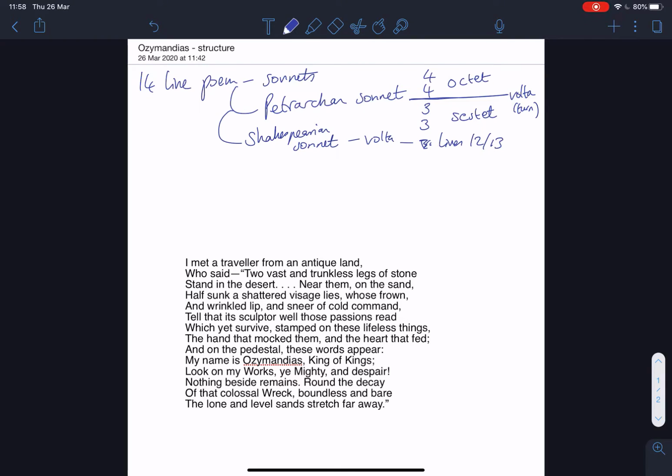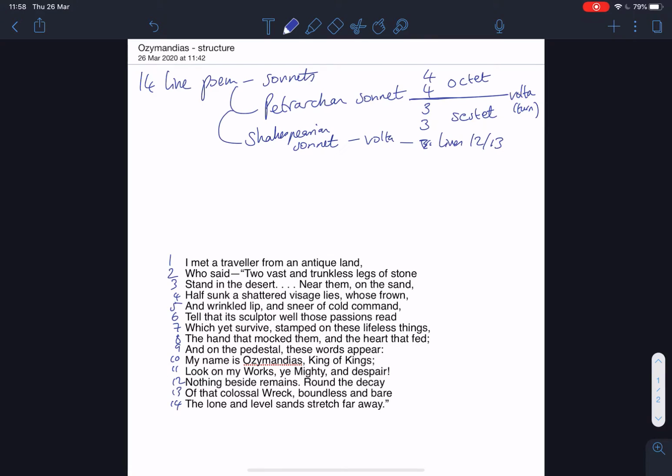So let's have a little look through this poem. Let's number the lines off so we can see it. 1, 2, 3, 4, 5, 6, 7, 8, 9, 10, 11, 12, 13 and 14. So, I met a traveller from an antique land who said, two vast and trunkless legs of stone stand in the desert.